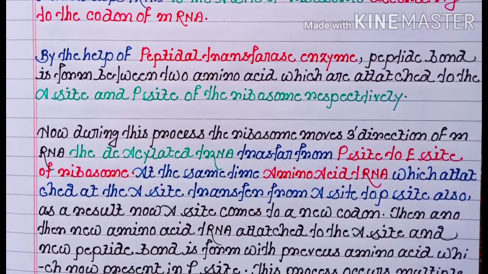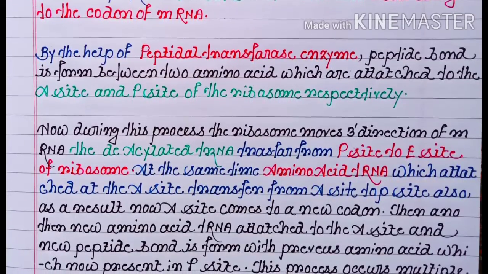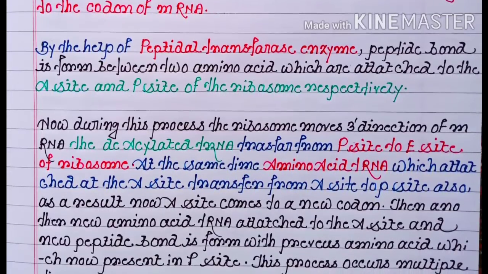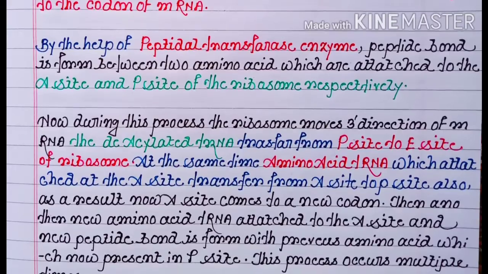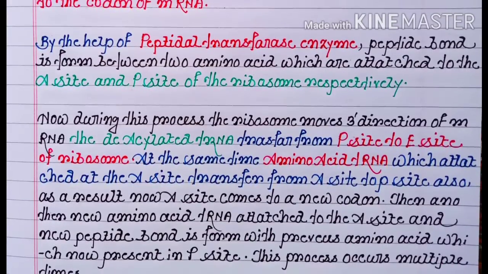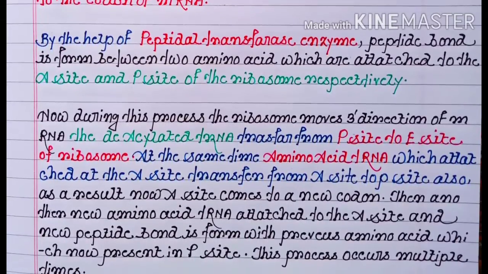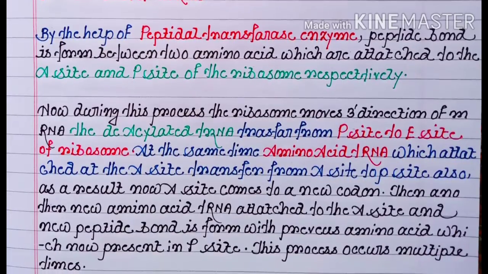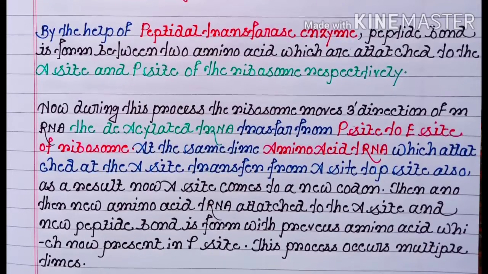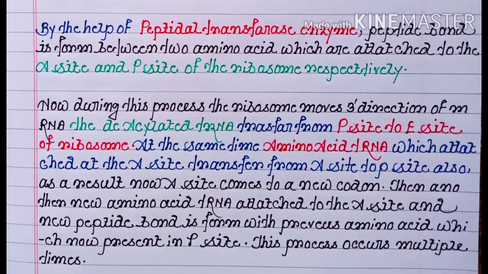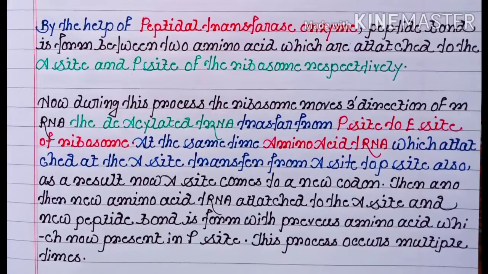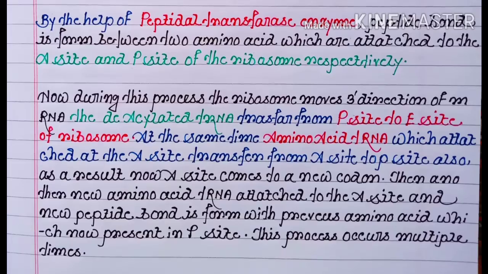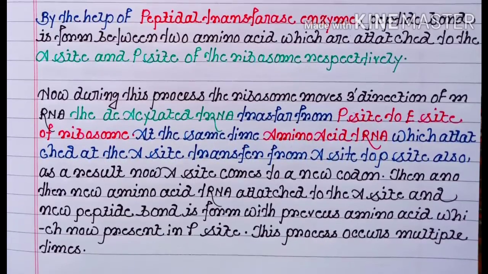As a result, the A site comes to a new codon of mRNA. Then another new aminoacyl tRNA, or amino acid attached tRNA, attaches to the A site and a new peptide bond is formed with the previous amino acid, which is now present in the P site. This process occurs multiple times.